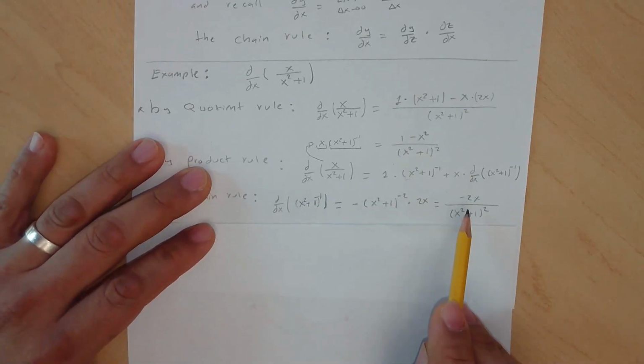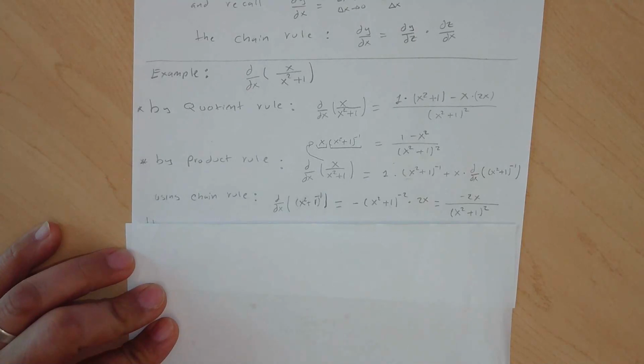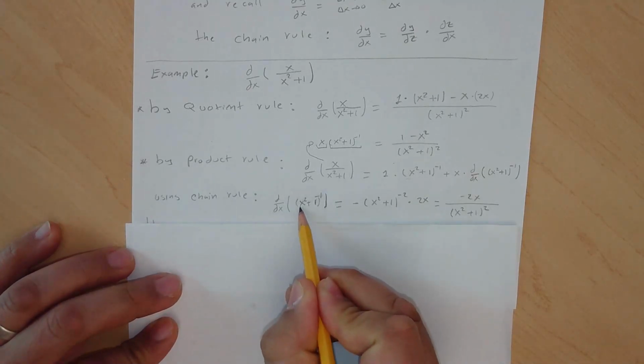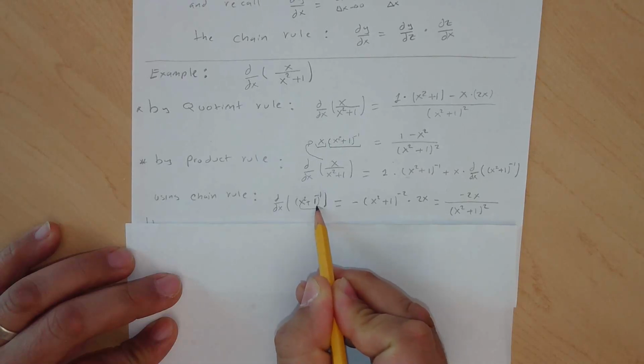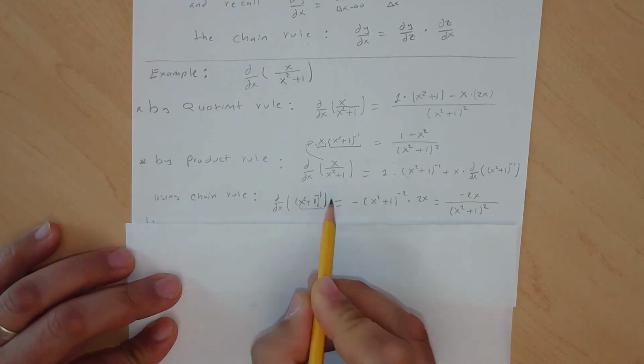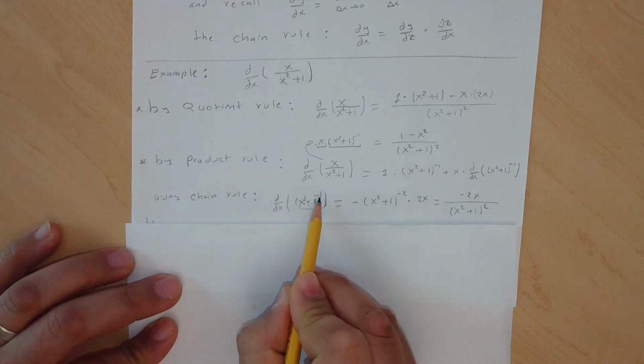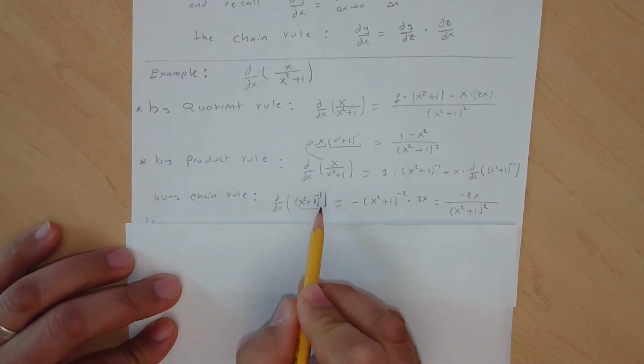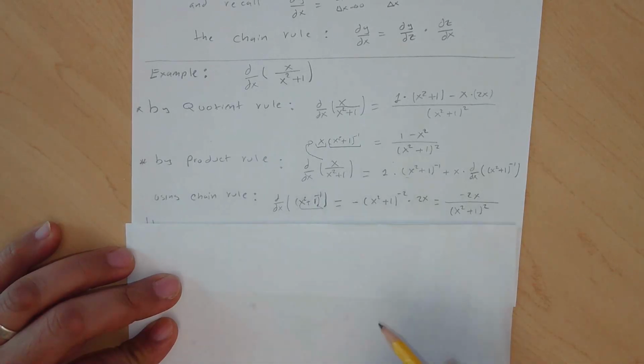So for that we can use the chain rule here. The polynomial that we have inside is one function, and the exponent that we have here, minus 1, is basically the other function.